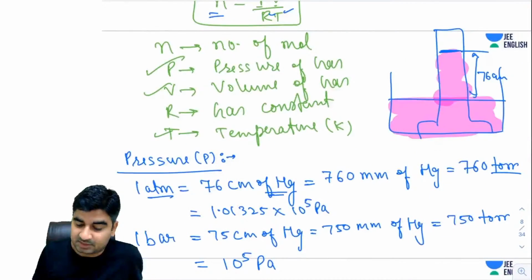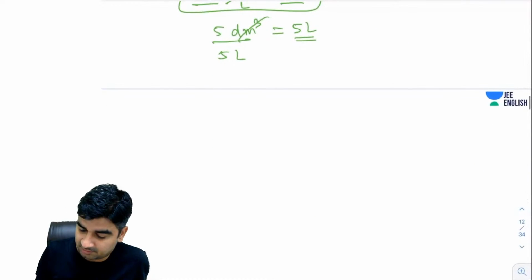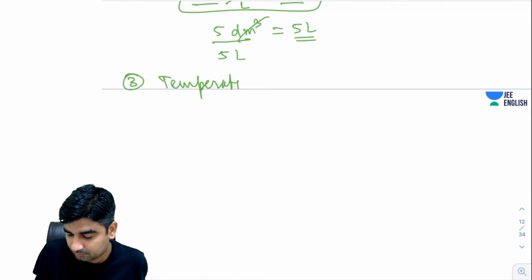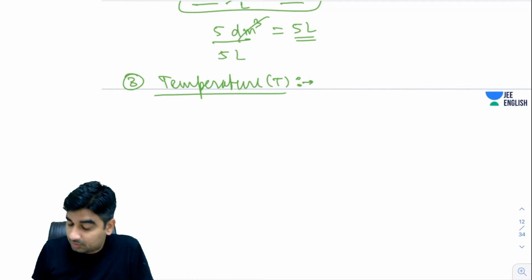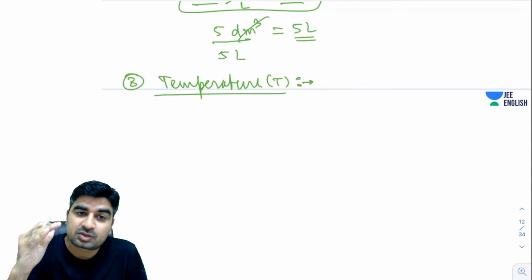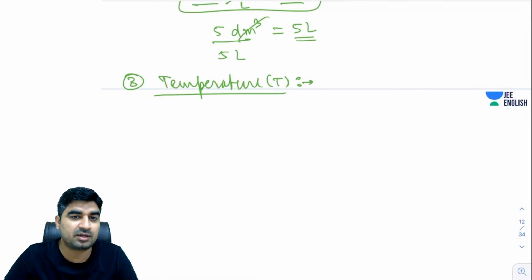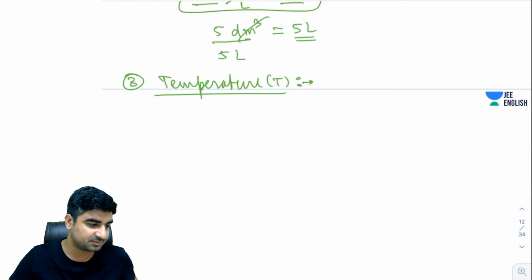Now let's take temperature first and then we will move to R. So what is this? Temperature, T. So students, keep in mind, for the next 2 years till you take your JEE Main and JEE Advanced exam, always take temperature in Kelvin.